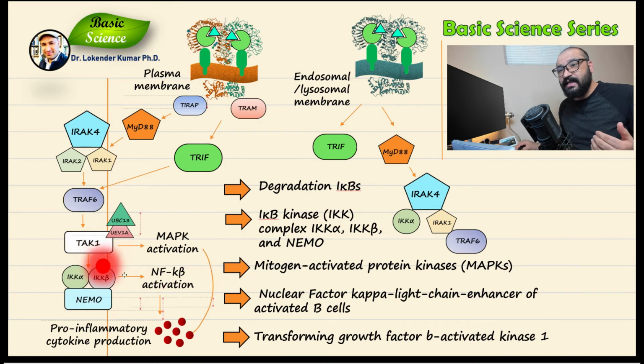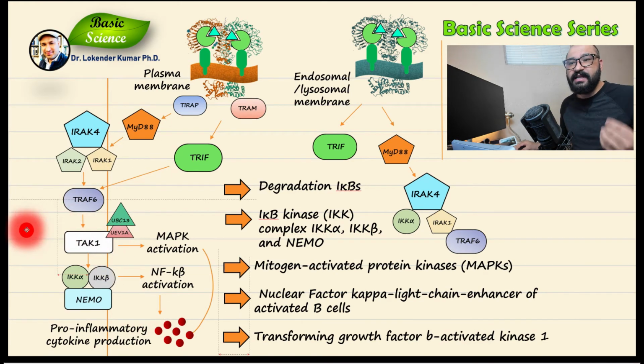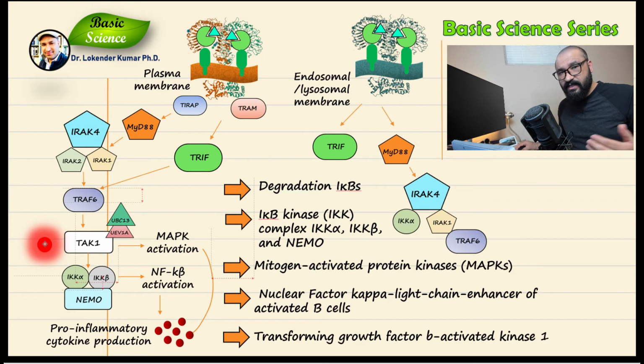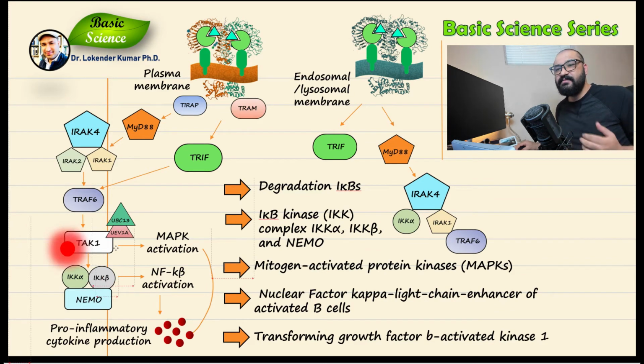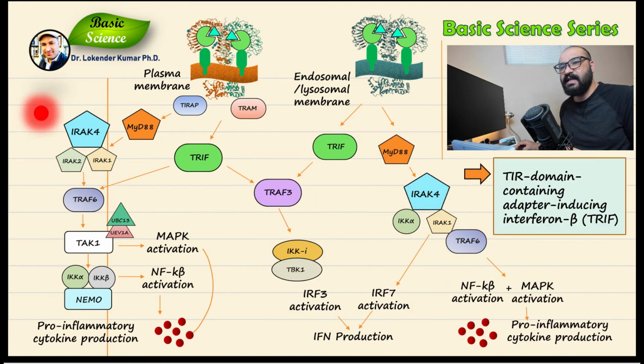TAK1 is transforming growth factor beta activated kinase, and this is also a kinase enzyme, and that is why we call it a kinase that helps in the activation of this particular pathway. All right, and you can see a similar mechanism of activation takes place in this case. Let's move on to the next slide where it is clear.